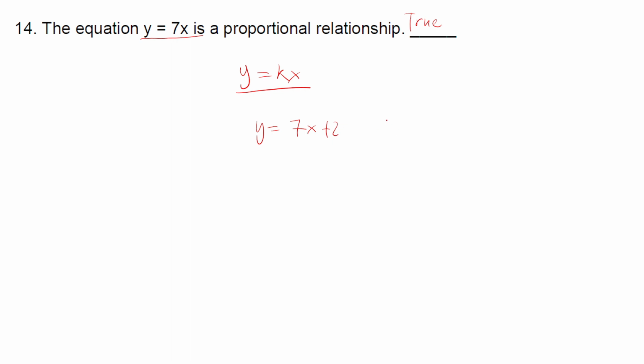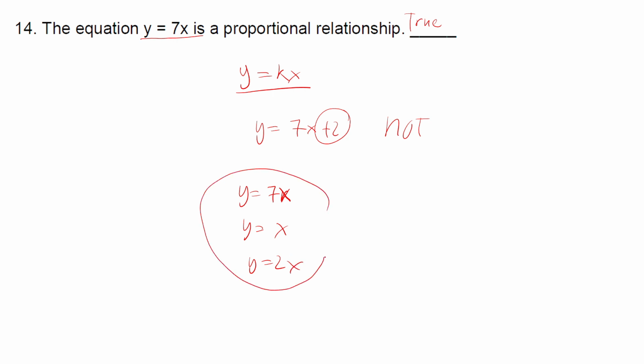This one is not proportional because we have the plus 2. Again, it should always be like only y equals 7x, y equals x, y equals 2x. So these are the examples of proportional relationship and not that one. Let's proceed.